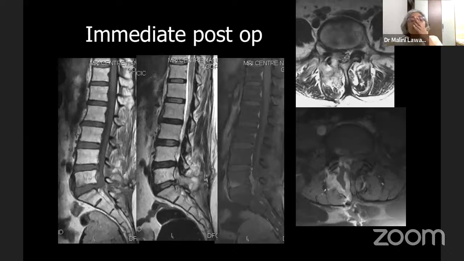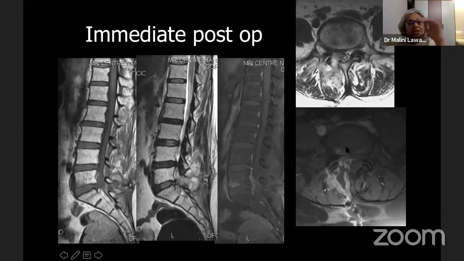Now, immediate post-op, for example, in this patient with discectomy, you can clearly see some marrow edema in the inferior end plate of L5, some bright signal within the disc. You can see a tract here at the site of surgery. And if you give contrast, you will see peripheral enhancement.